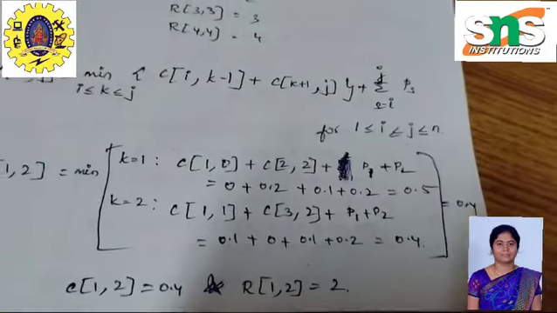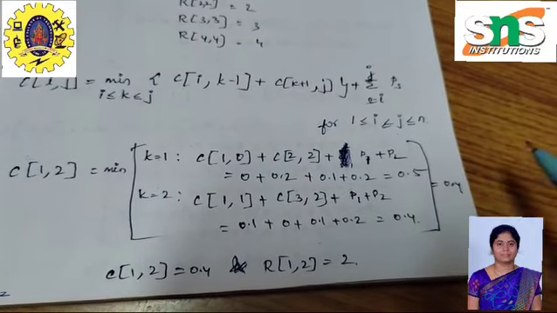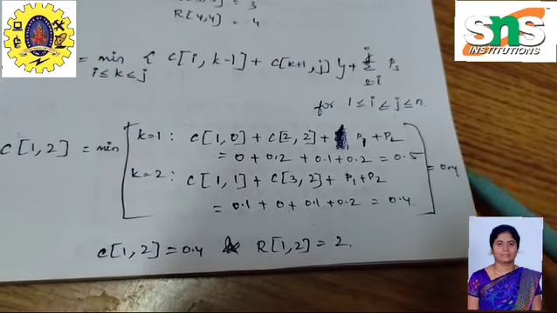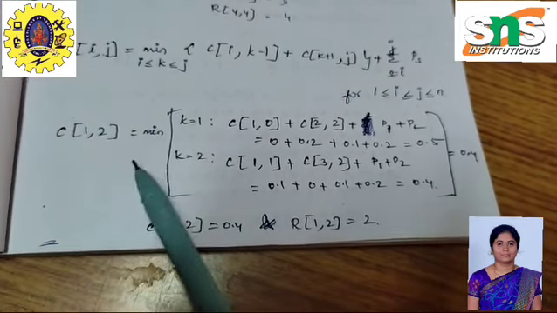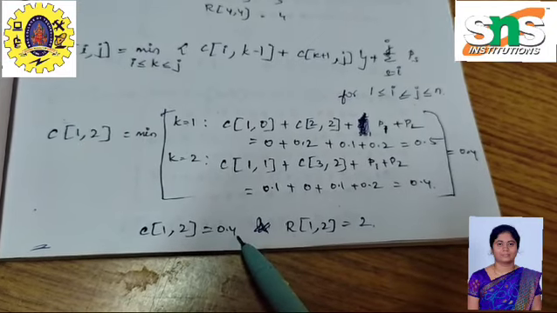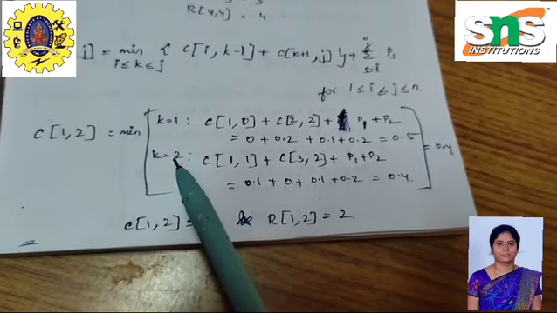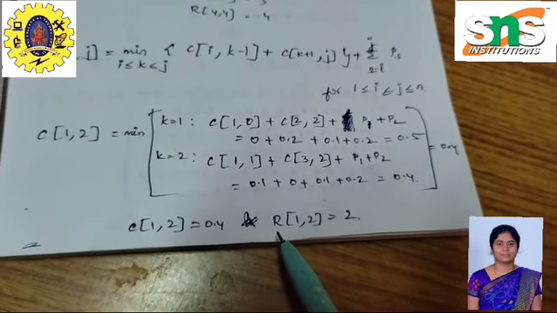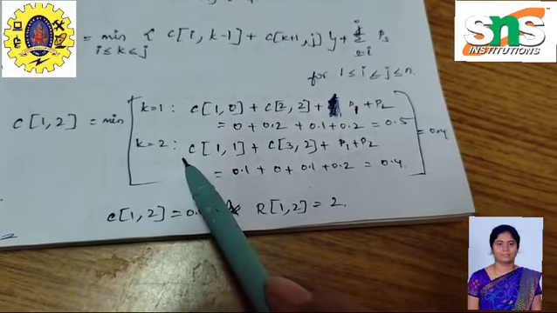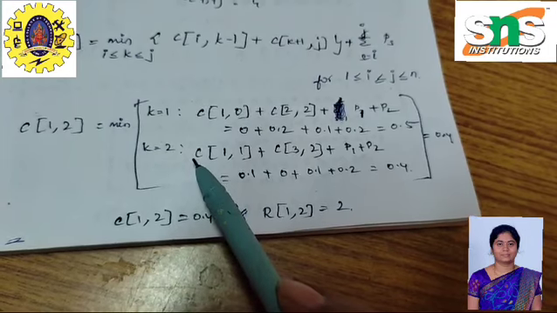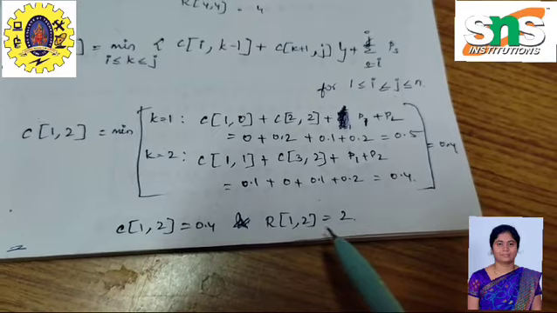So by comparing these two values, the minimum value is 0.4, so we write that in the cost table. For this 1 comma 2, the answer is 0.4, and it was obtained for the k value 2. For the root table, at the same position, whichever k value gives the minimum value, that k will be taken as the root value for the same position.